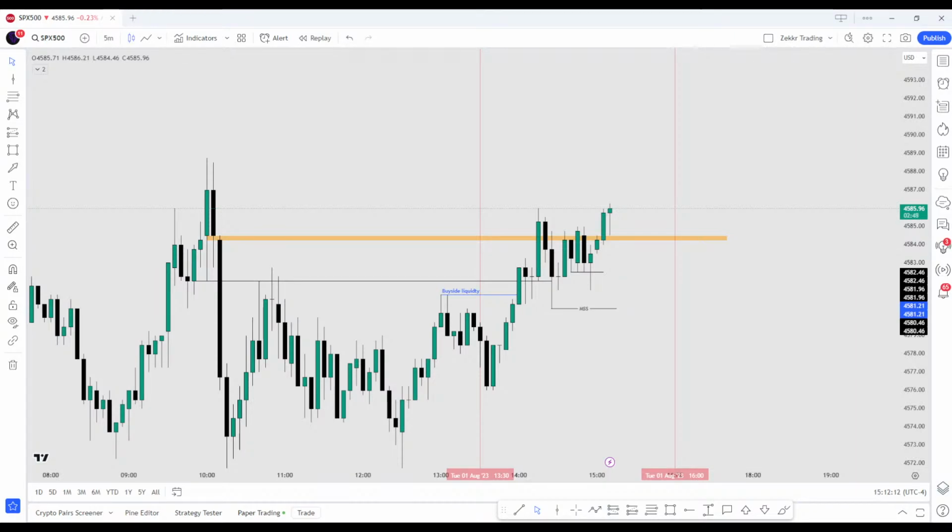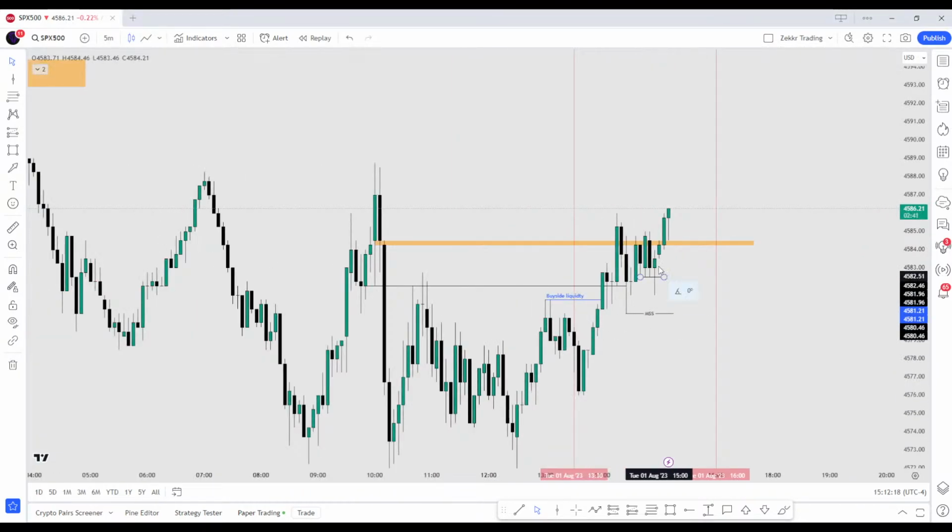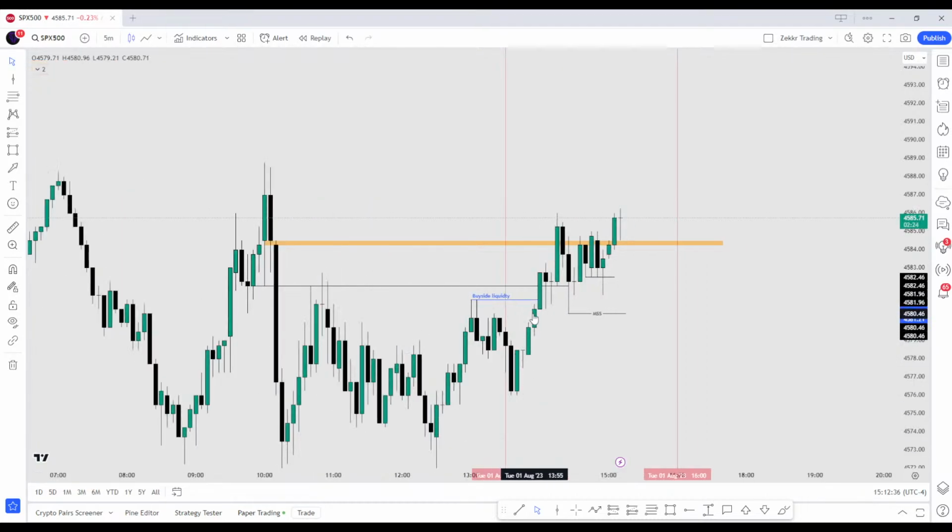I don't think we'll get a setup, to be honest. Doesn't look too shiny for my setup because we might be joined up here. That's what I'm thinking.